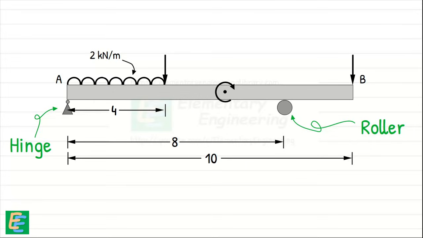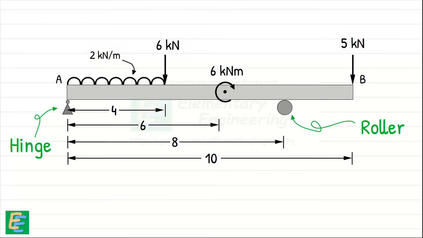Exactly at the end of this UDL, a 6 kN point load acts downward at x equal to 4 meters. In addition to this, a clockwise concentrated moment of 6 kN meter acts at x equal to 6 meters. Finally, a 5 kN point load acts at the very tip of the overhang at x equal to 10 meters.